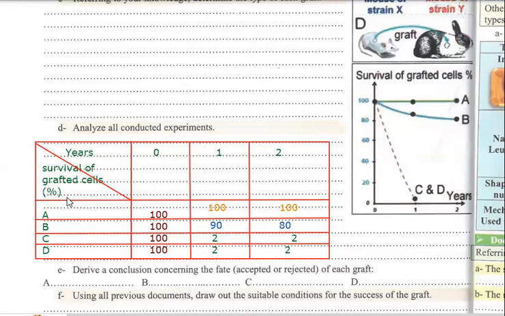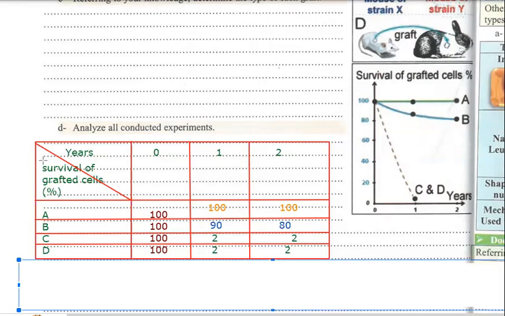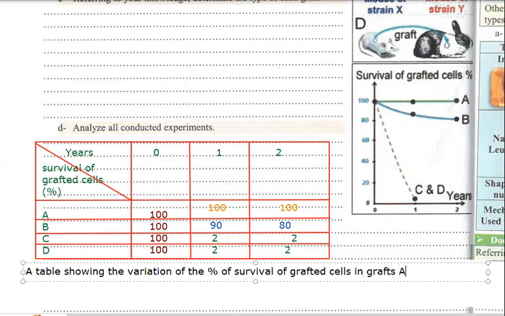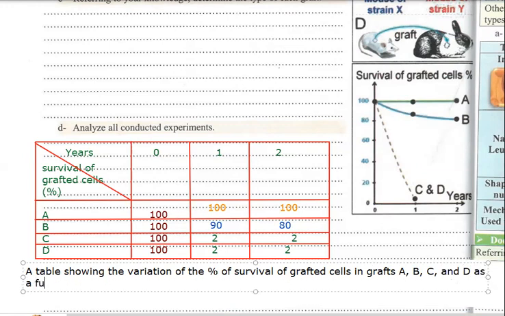One more thing, we must put a title for the table. We will write: a table showing the variation of the percentage of survival of grafted cells in grafts A, B, C, and D as a function of time in years.